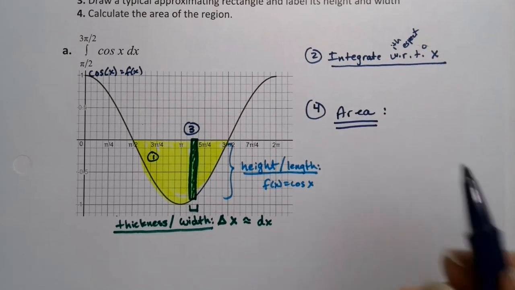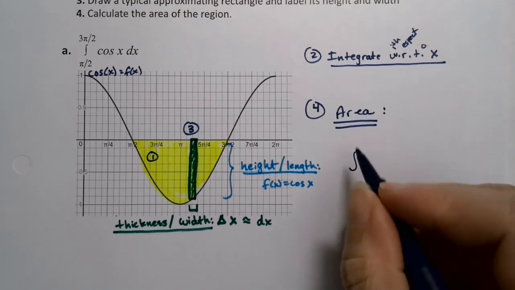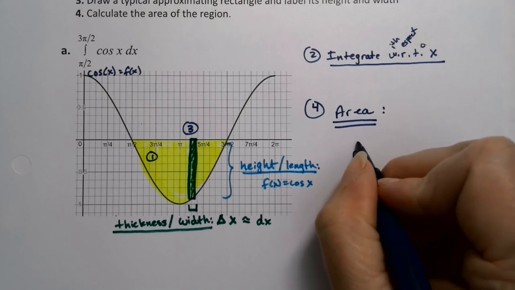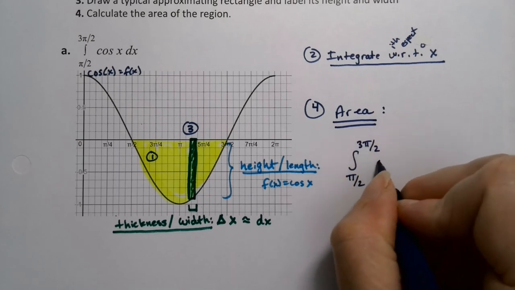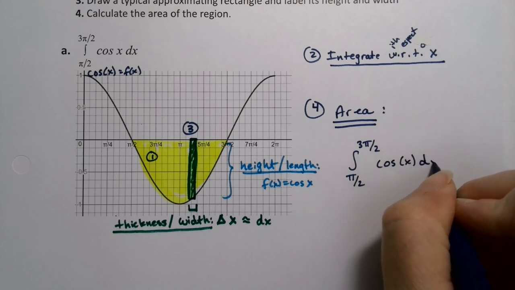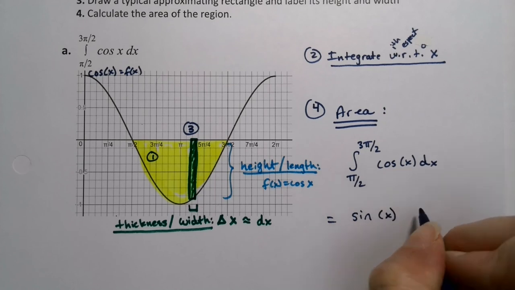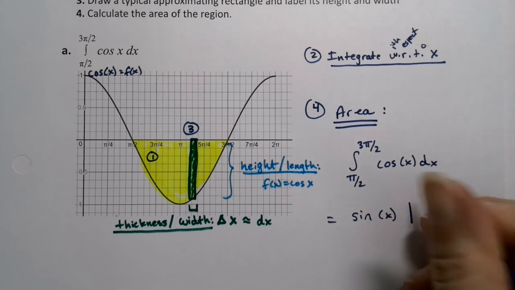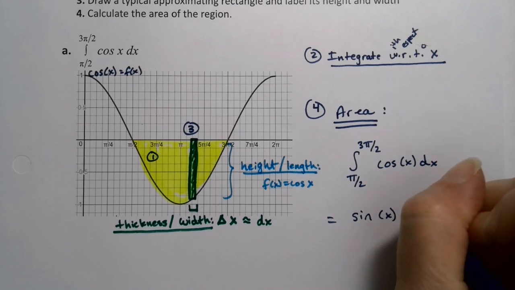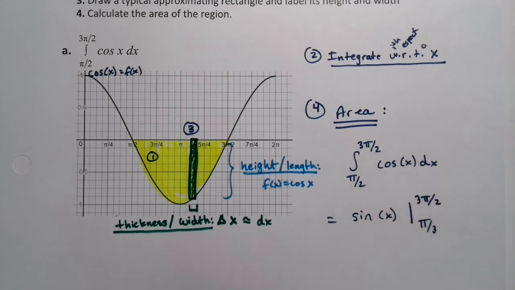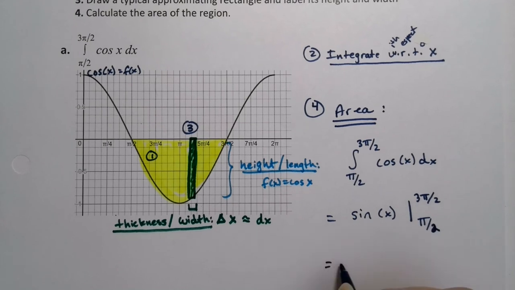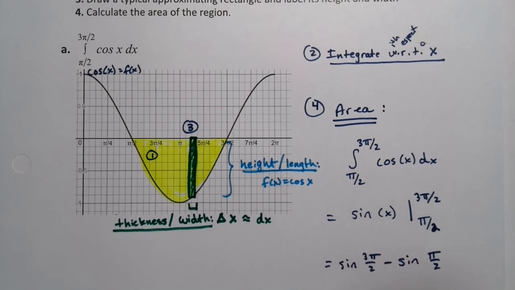The integral from pi over 2 to 3 pi over 2 of cosine of x dx is equal to the integral of cosine, which is sine, taken from pi over 2 to 3 pi over 2, which of course is sine of 3 pi over 2 minus the sine of pi over 2, which is negative 1 take away 1.